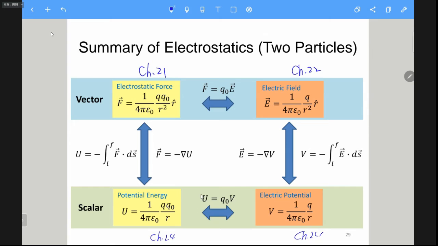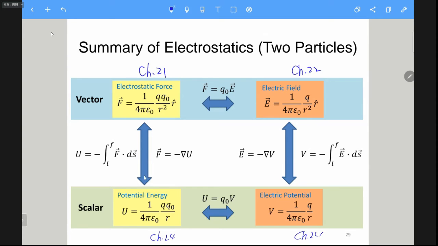When we want to convert the electrostatic force to the electric field, we use F equals Q0 E to convert between them. This is the relation between the electrostatic force and the electric field. Likewise, for potential energy and electric potential, the potential energy equals the test charge multiplied by the electric potential. So horizontally, we only need to multiply by Q0, or divide by Q0 the other way around.